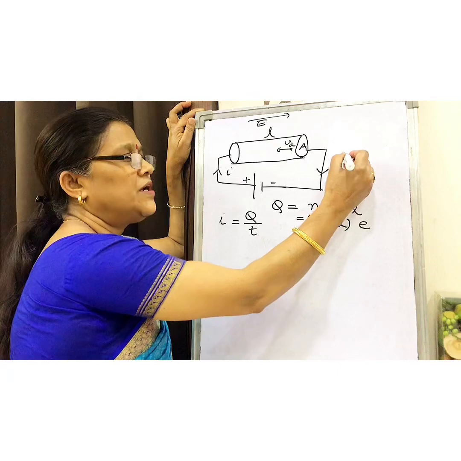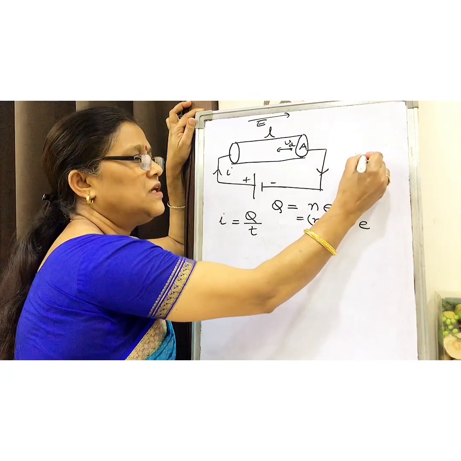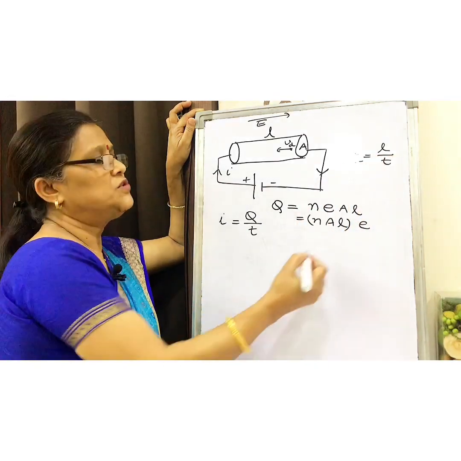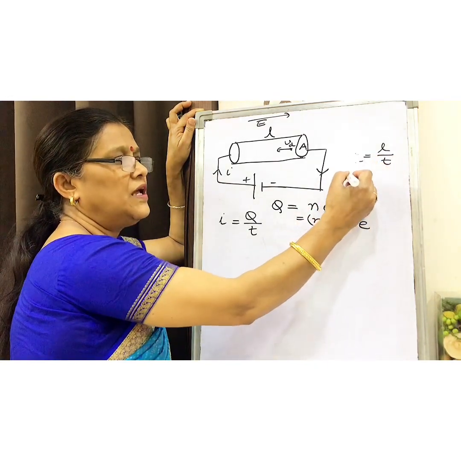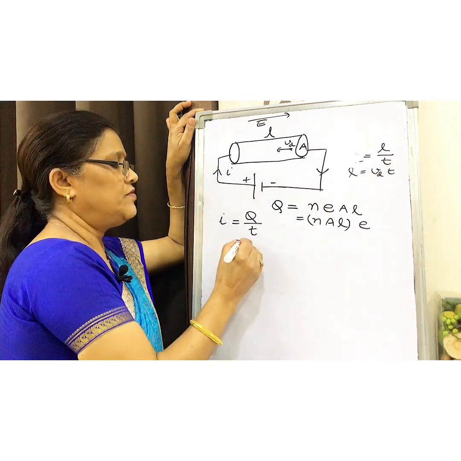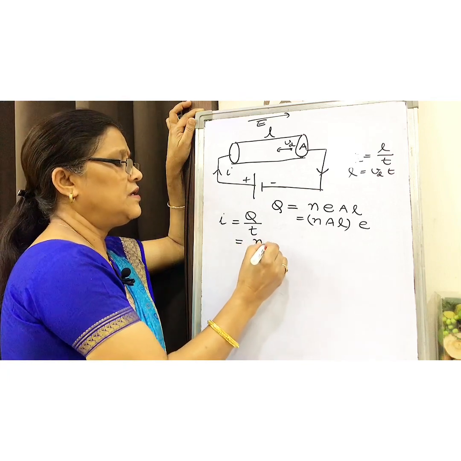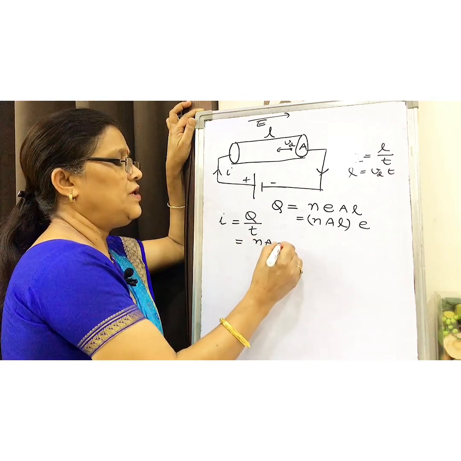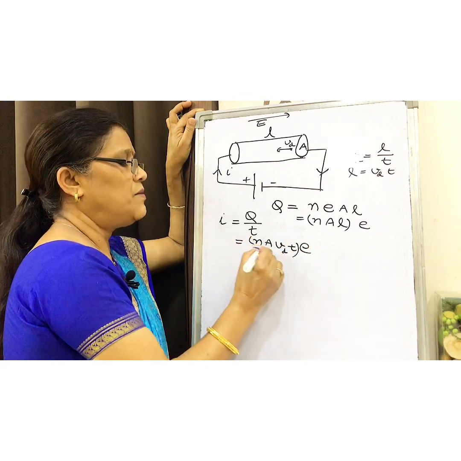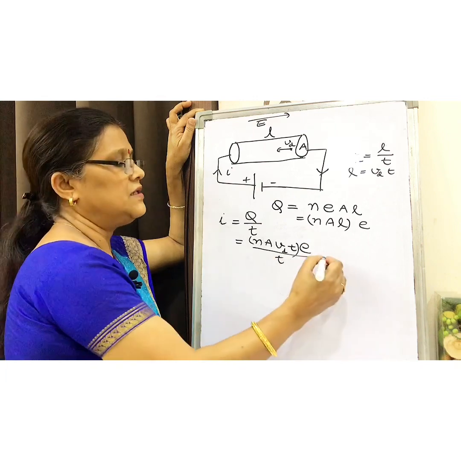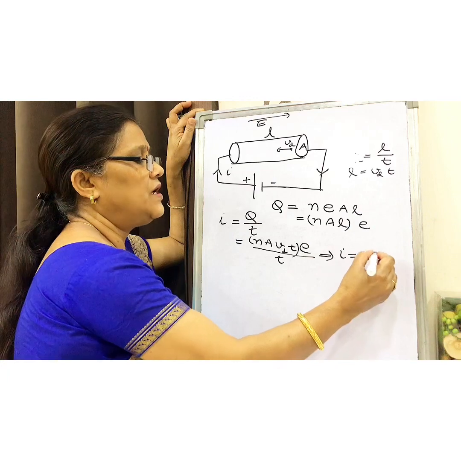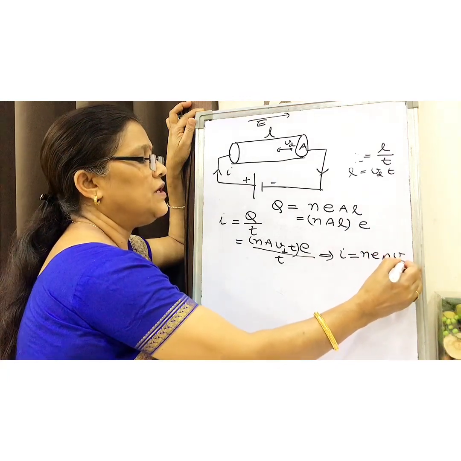Then Vd is L by t, so L is Vd into t. Therefore, you can write NA Vd t e upon t, and this expression is for I, that is I equals NeA Vd.